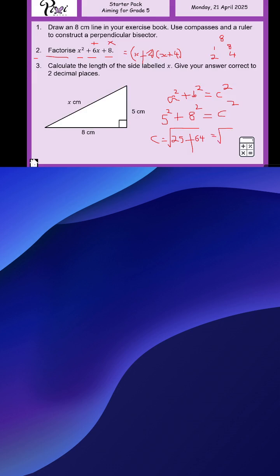If I quickly do it on my phone, the square root of 89 is 9.433, so that second 3 rounds this down. So it's 9.43 centimeters to 2 decimal places.